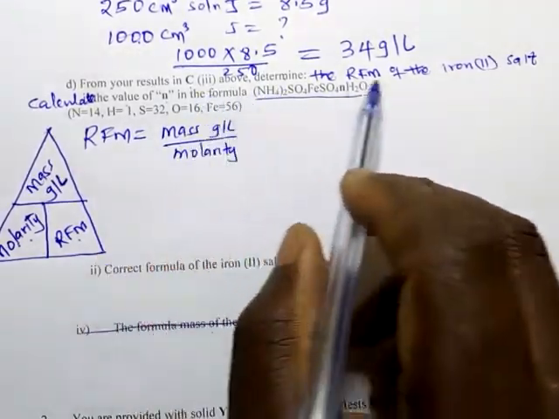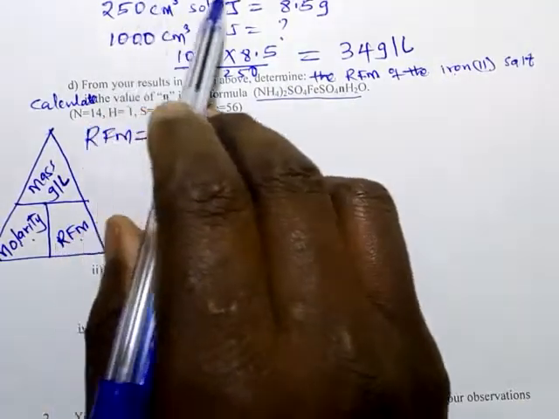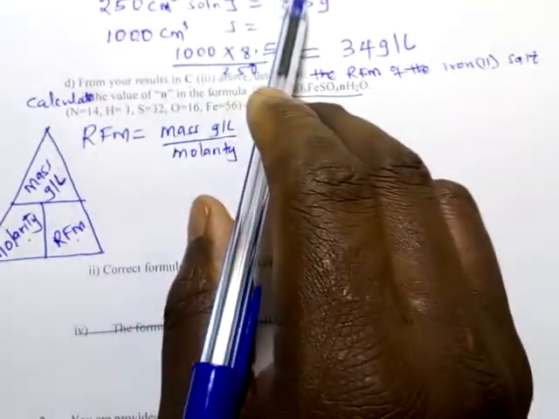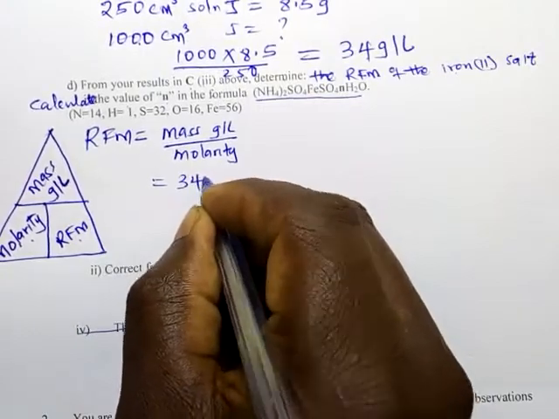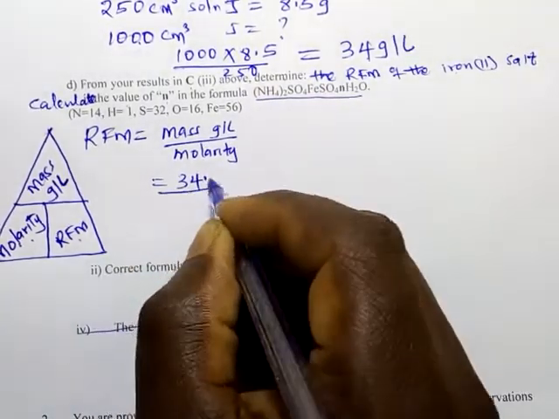We are talking about the iron 2 salt, which is solution J. We have the mass in grams per liter, which is equal to 34, divided by molarity.